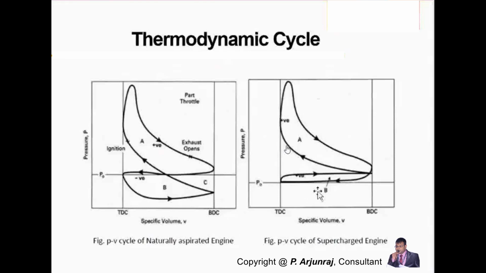When you have the higher intake pressure, the force is induced systematically with higher force, which influences the mass getting induced and also helps the complete combustion to take place. That is the advantage. You see here there is a complete shift going to happen.